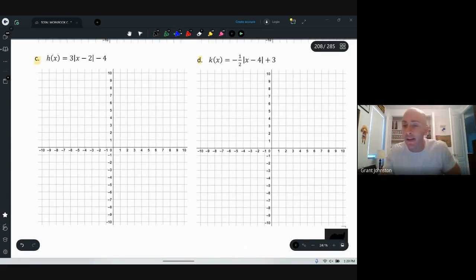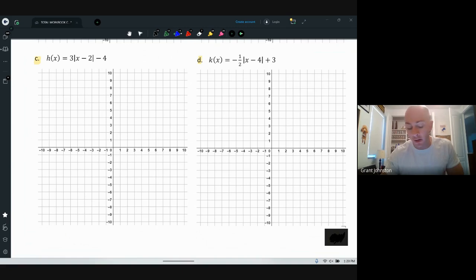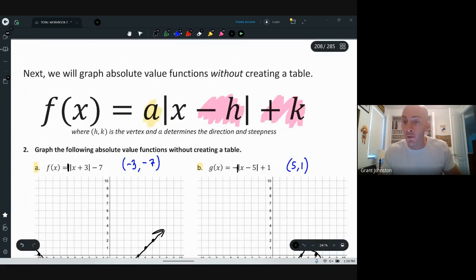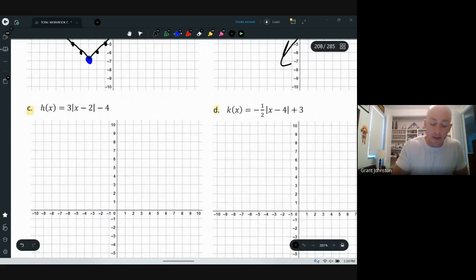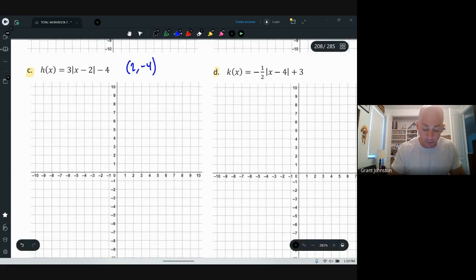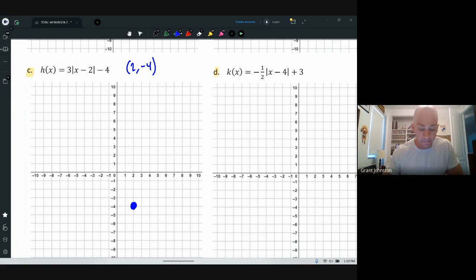So this is a lot better than making a table, right? We can just use these notes up here to determine where the vertex is and which way this is going to open and the slope. Okay. So the opposite of -2 is +2. Then I have -4. So 2, -4 would be where the vertex is. Now the slope, though, is 3 and a positive at that.